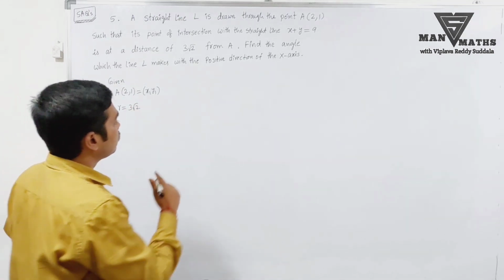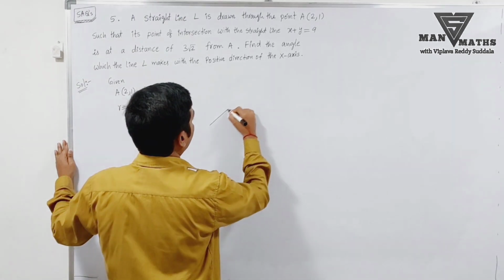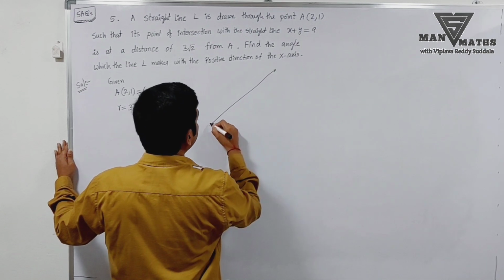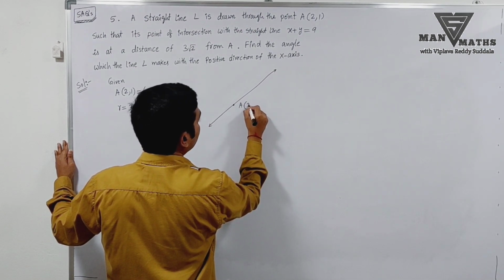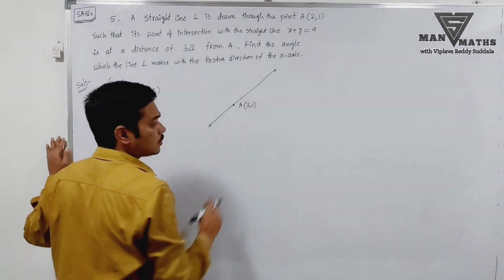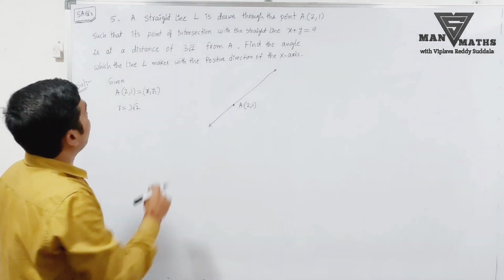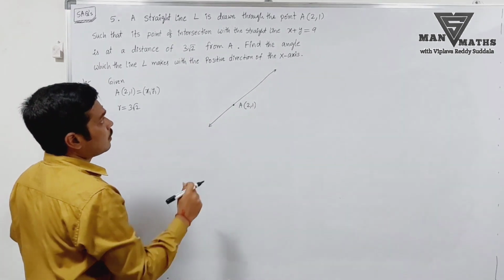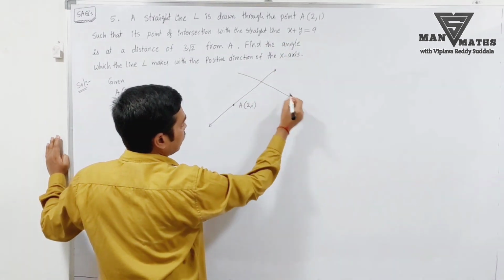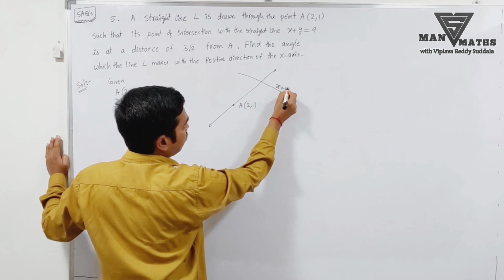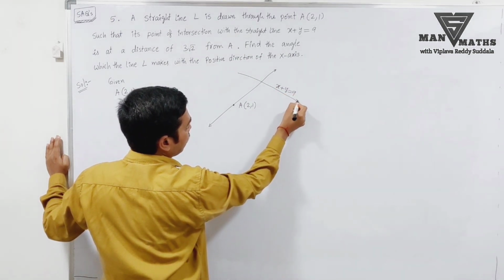For example, this is the line, passing through one point A(2, 1). And this is another line, x + y = 9.